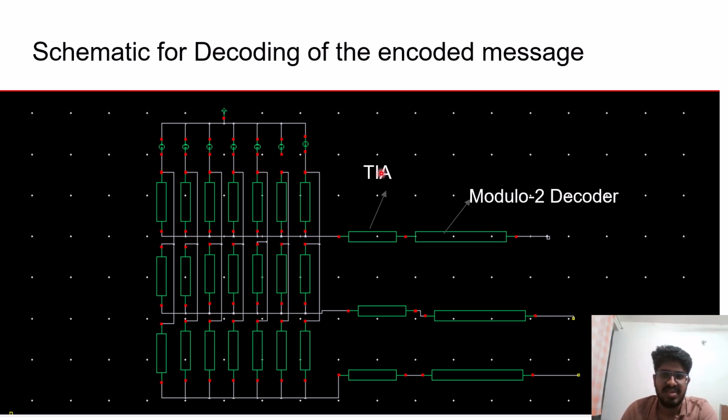This is the transimpedance amplifier and this is the modulo 2 decoder. It is similar to the modulo 2 encoder we have used in the encoding mechanism. So this is the crucial part for detecting the correct position of the error. It performs modulo 2 operations in hardware.